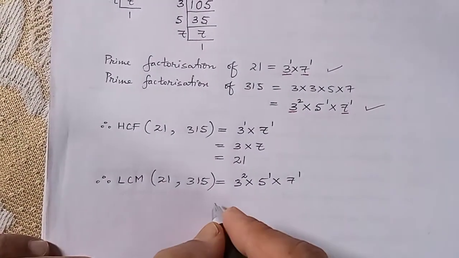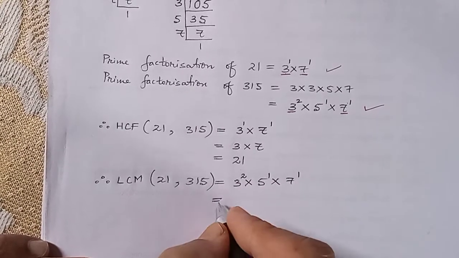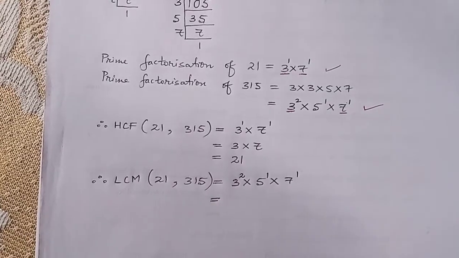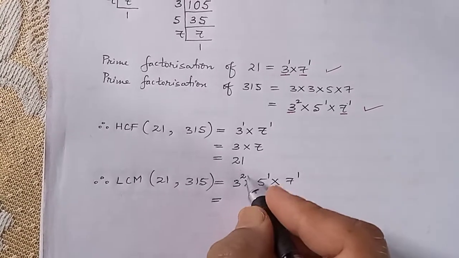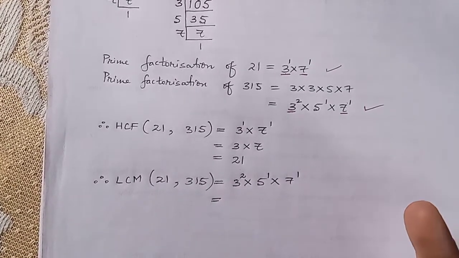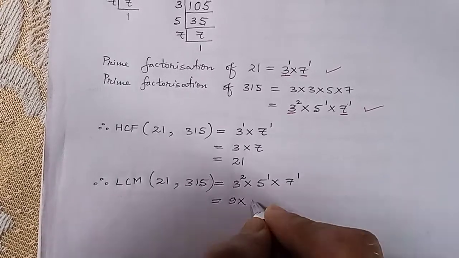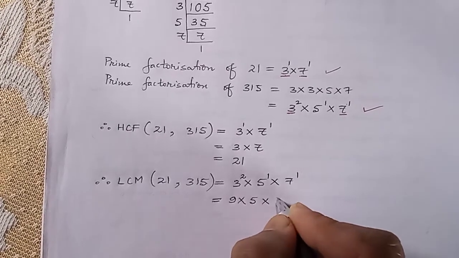So now we finish the power notation. Now we'll multiply. First remove the power and write in standard form. 3 square means 3 into 3, not 3 into 2, so 9. 5 power 1 means 5 one time, and 7 power 1 means 7 one time.